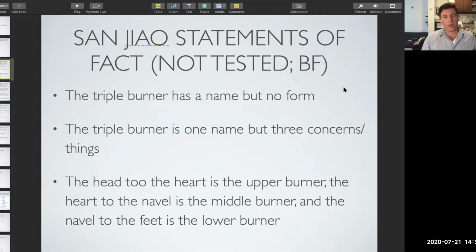That's your division. Usually when they say heart here, they mean Ren 17, the point in the chest. Sometimes it's argued that it's Ren 15. So it's either the xiphoid process or between the nipples and the rib cage. One of those two points for where heart is, and then navel straightforward.